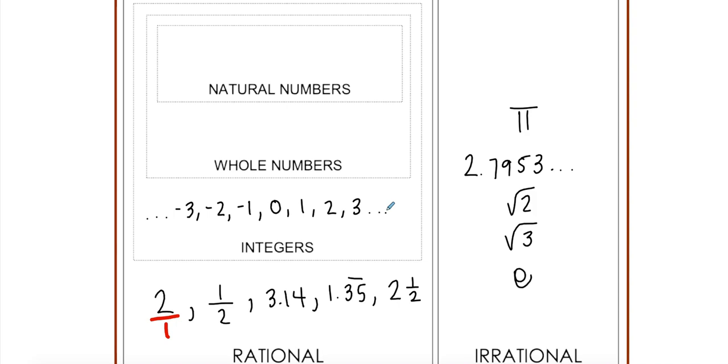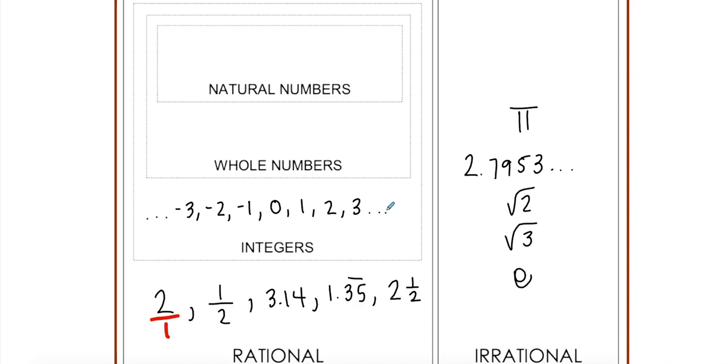So next we ask, okay, is it an integer? Yes, or maybe it's not. Like 1/2, not an integer. So if we were looking at 1/2, it would only be real and rational. If we were looking at -5, -5 would be real, rational, and an integer. And then the next more specific one we could get is whole numbers.